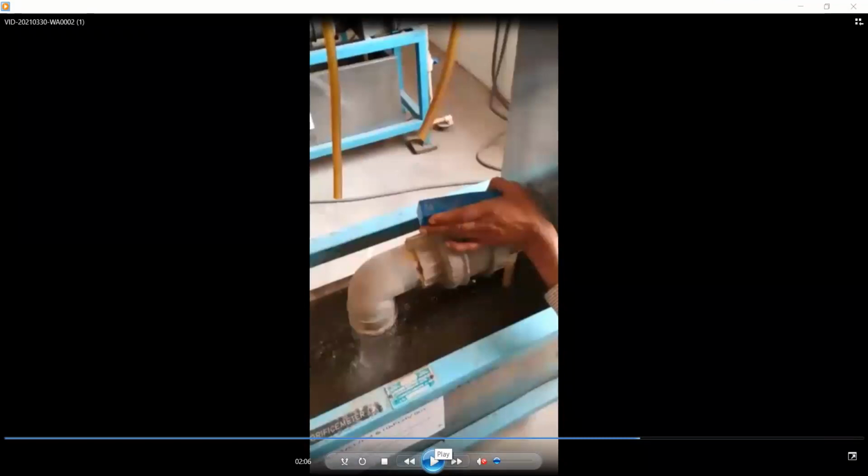In that way, we need to take 4 readings by regulating the valve 4 times. You can increase 1 centimeter in the right limb, and slowly you will get your 4 readings. After doing that, you are going to calculate the remaining part, that is, the coefficient of discharge.